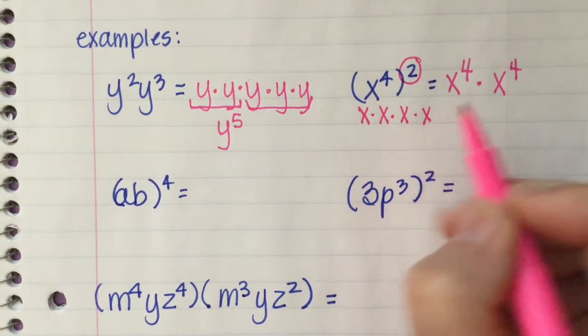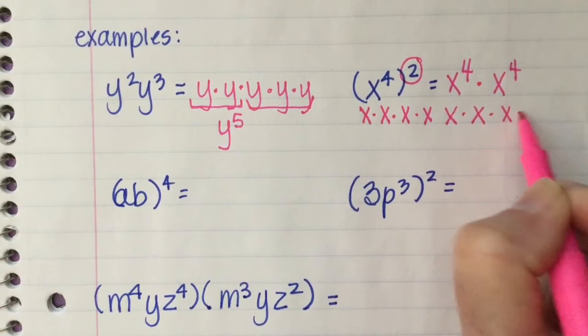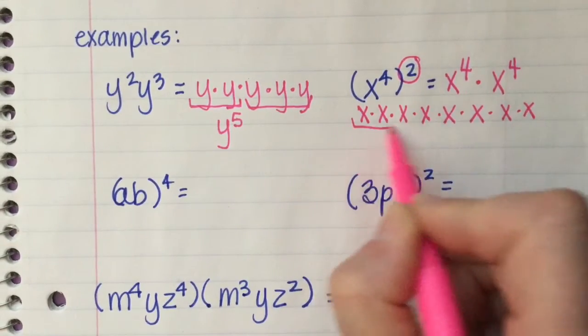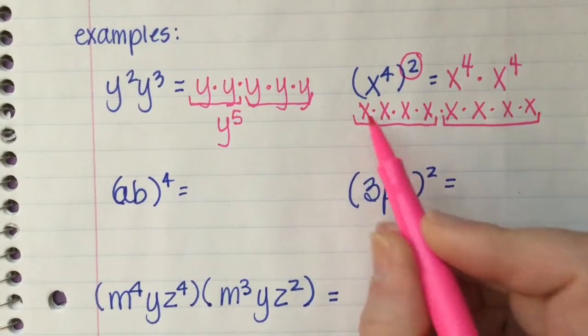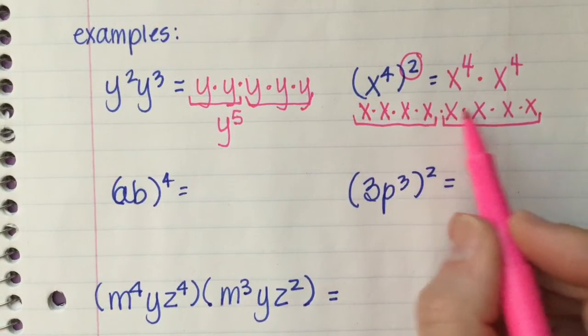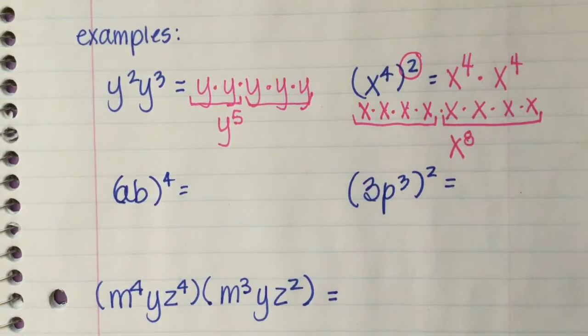There's the first set. And then I have another 1, 2, 3, 4 of them. So that was that first set, and that's the second set. That means I have 1, 2, 3, 4, 5, 6, 7, 8 for x to the 8th power. So notice there, those exponents were added, or multiplied actually, sorry.